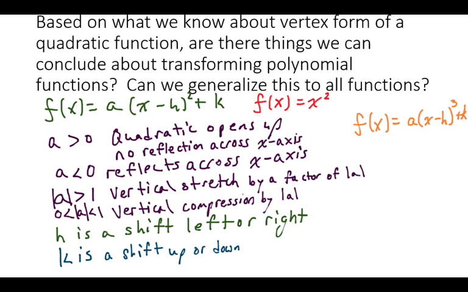They are my shift left or right or up or down, and a still reflects it across the x-axis, or tells me whether I'm compressed or shrunk, right? And the parent function for this would be f of x equals x cubed, all right? So you can generalize this to all functions, and you can generalize this to any polynomial function, okay?